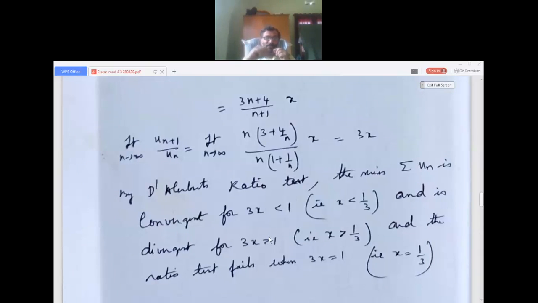But 3x is not a fixed number, so you have to find out what is the condition for the given series to be convergent and what is the condition for it to be divergent, because unknown x is there in the answer.